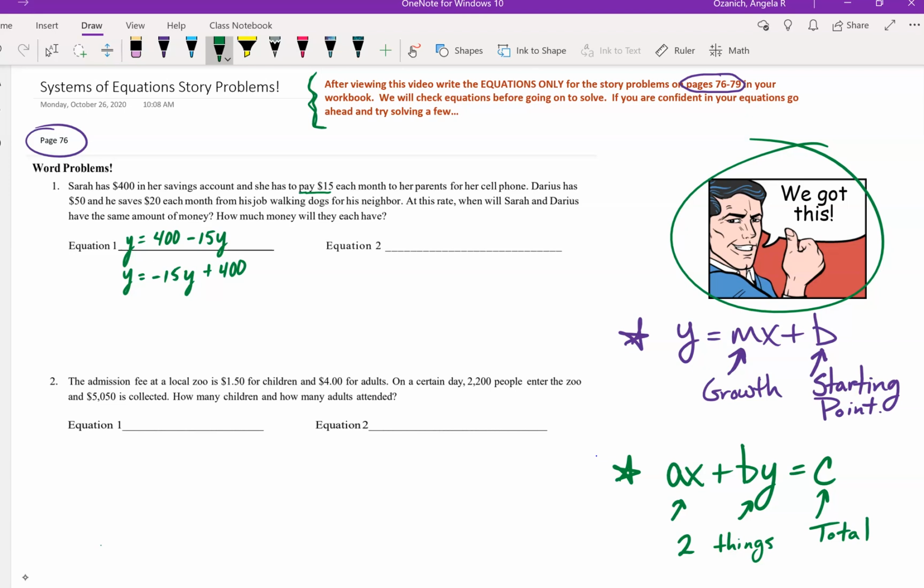All right, equation 2. Darius has $50 and he saves $20 each month. His starting point is $50. He's going to save $20 each month. So again, we are choosing, oops, sorry, not standard form, slope-intercept form, because we have how much he's earning each month, and we also have a starting point.